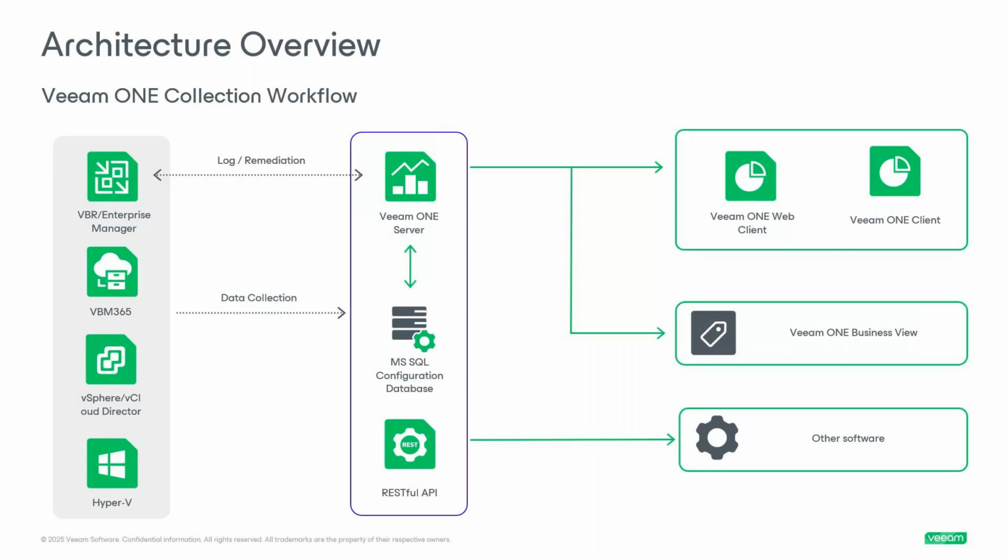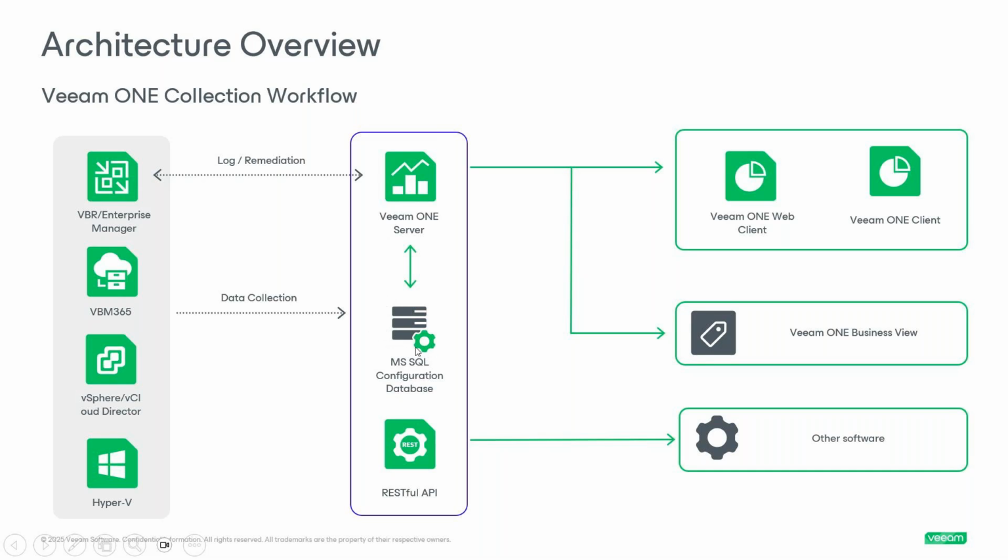This is an overview of the architecture of the product. As you can see here, we have all of the infrastructure that Veeam ONE interacts with. The Veeam ONE server is here, along with the Microsoft SQL configuration database.